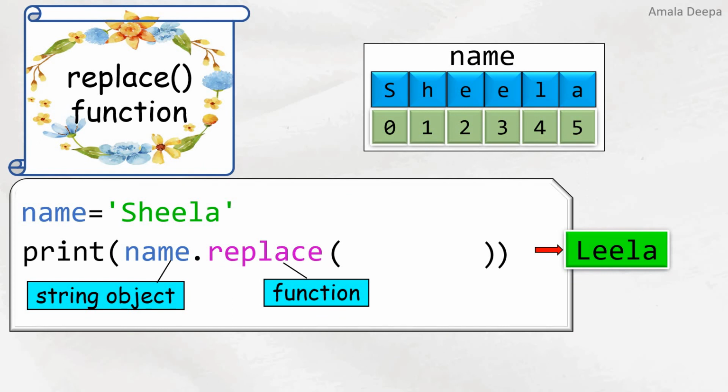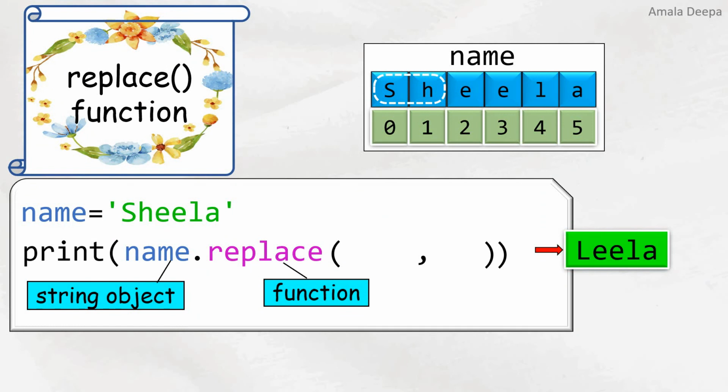And look at the example. In this string object name, in the string Sheila, I want to replace SH with the character L. So in the replace function, I will give two parameters.